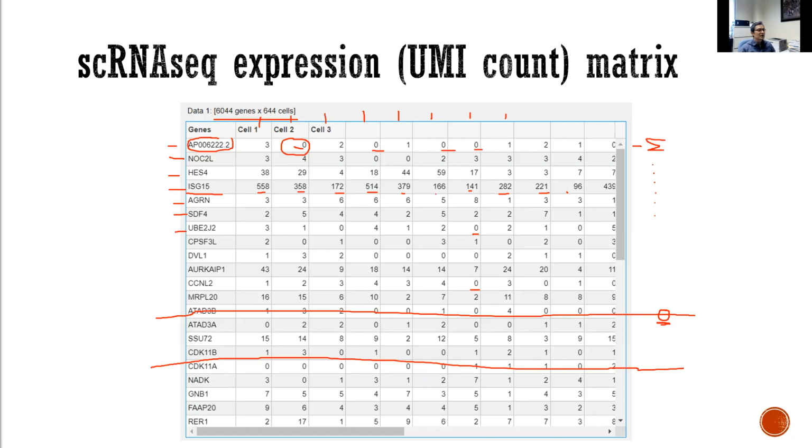You may want to do the same for the cells. If you sum a cell's expression across all genes, and you get 0 or very close to 0, or extremely low compared to other cells, you may want to get rid of them.